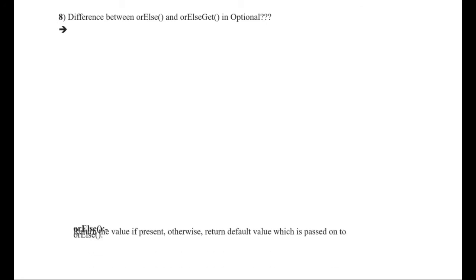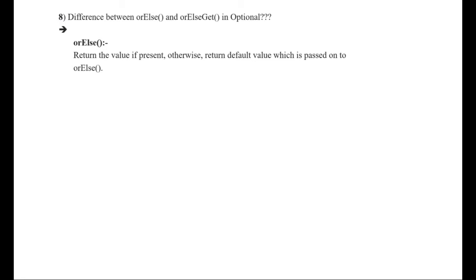In orElse, both methods' definitions will be the same. In orElse, it will return the value if it is present. Otherwise, it will call the argument of the orElse method, which is the default value.